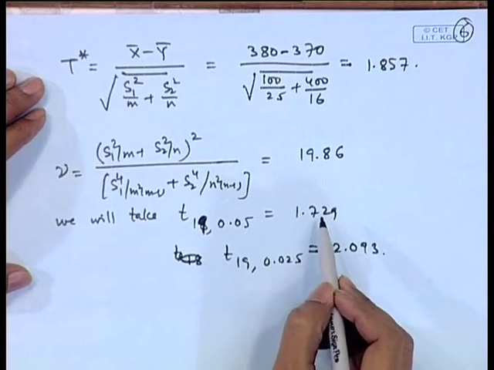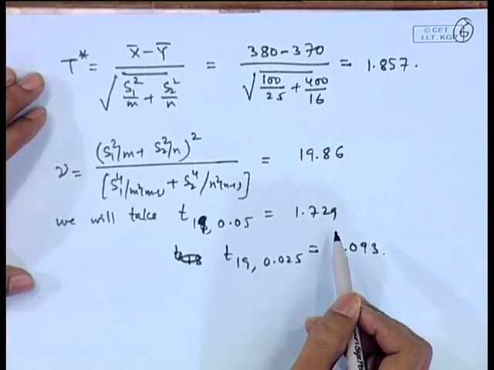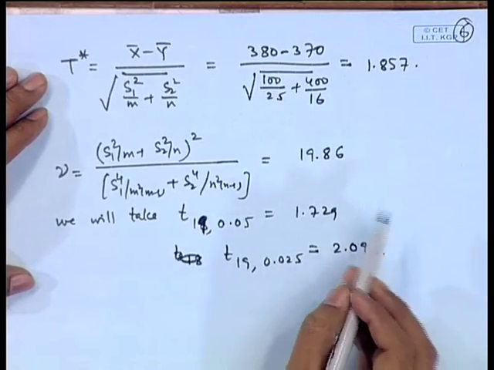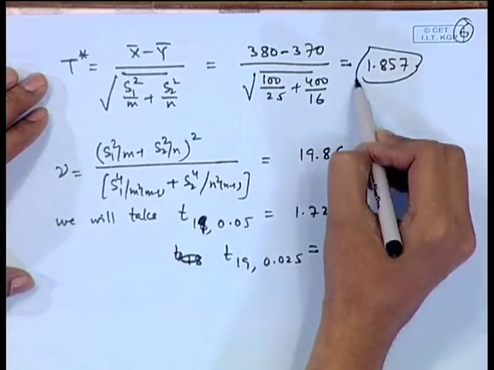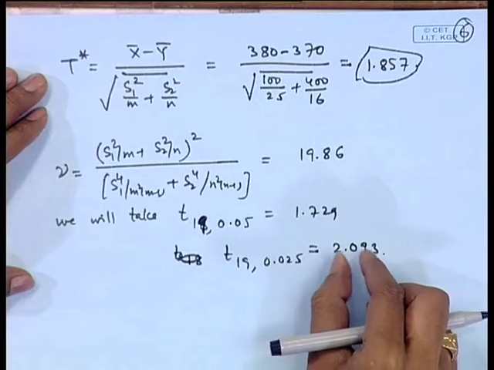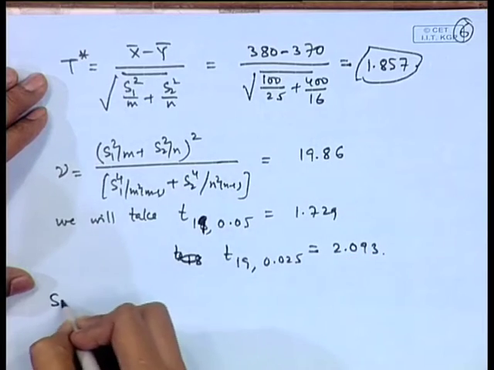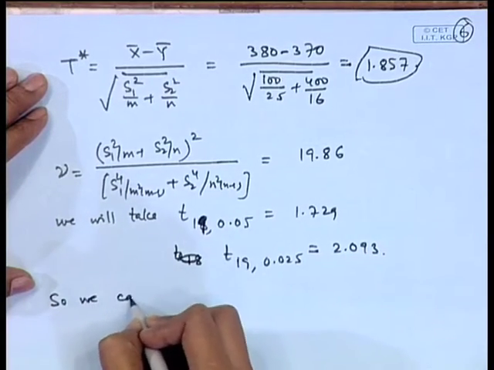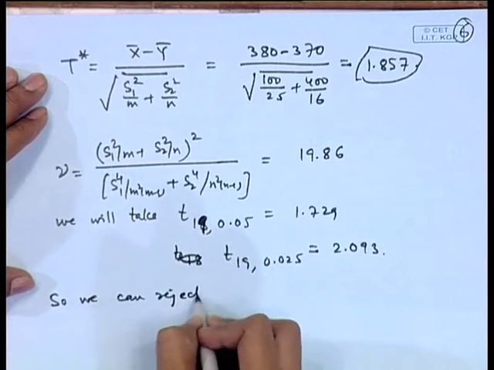You can easily see that the value 1.857 is bigger than this, but smaller than this. So, we can reject H naught.